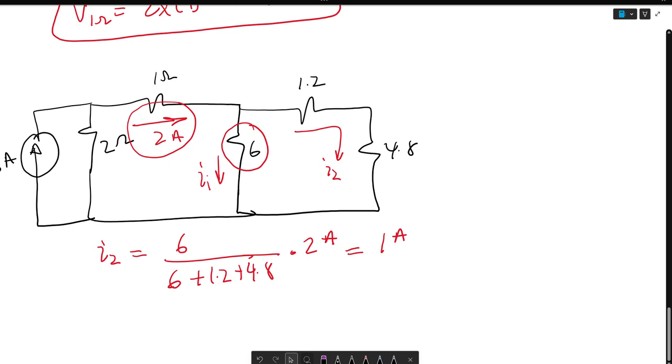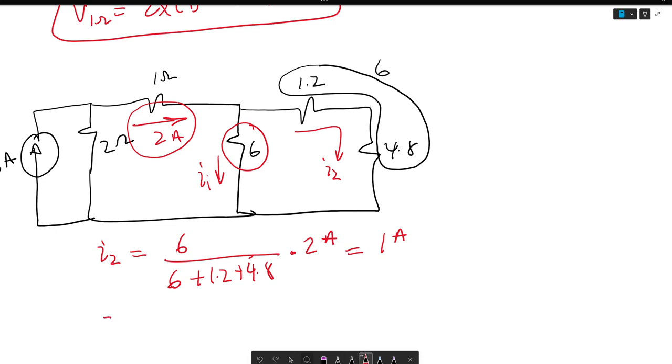Another way you can see it is since this is also equal to 6 ohms, that means I2 splits between the 6 ohms and the 6 ohms here. So we get 0.5 Ix. Again, remember this is Ix, which is equal to 1 amp.